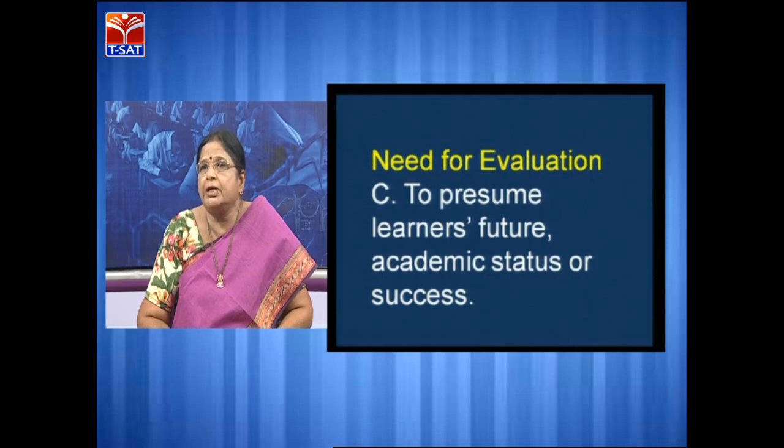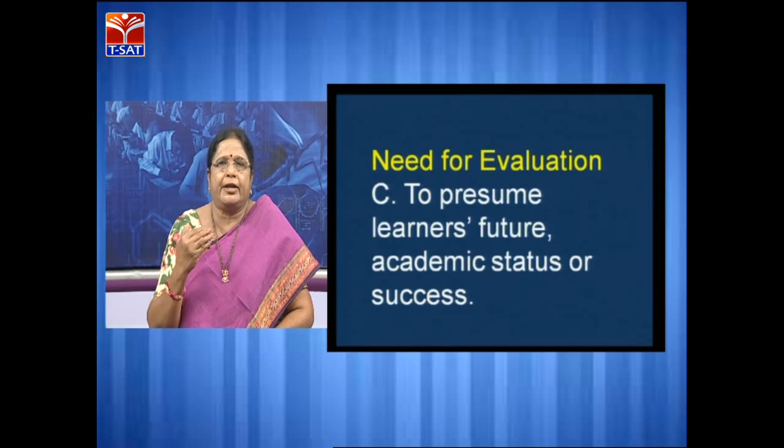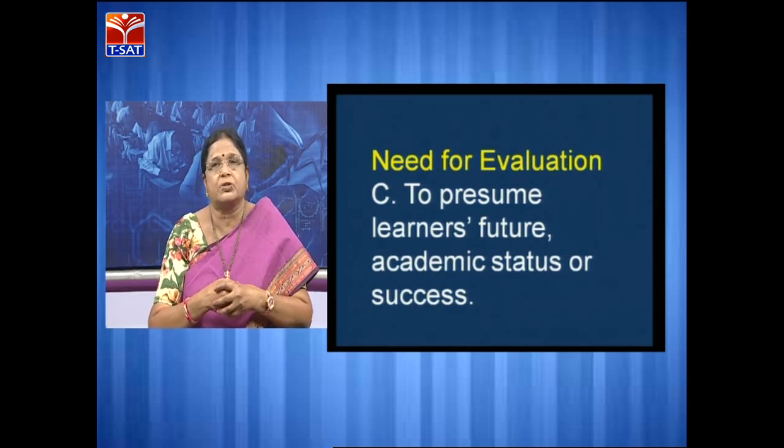To presume learners' future academic status or success. So, you can give prediction, like if a student is really doing good, then the teachers, when we talk in the staff room or outside, will say, oh, that girl is really wonderful.